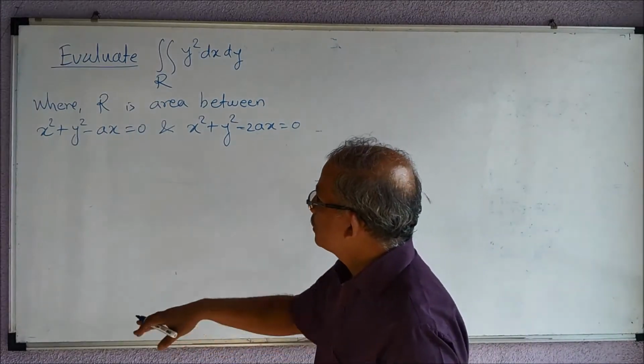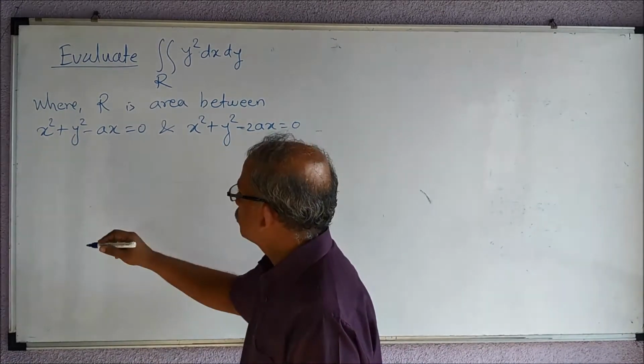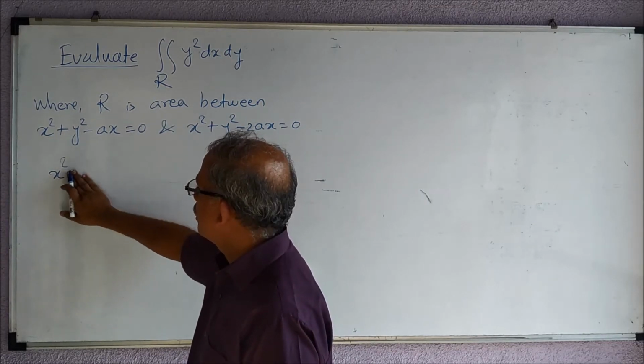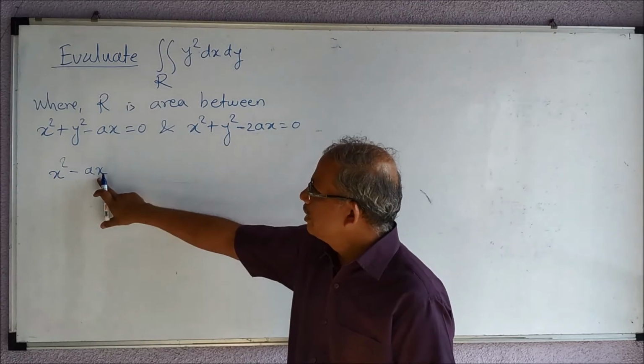So I take the first equation and I try to complete the square. So x square plus, this is minus ax, right? So this is the middle term.